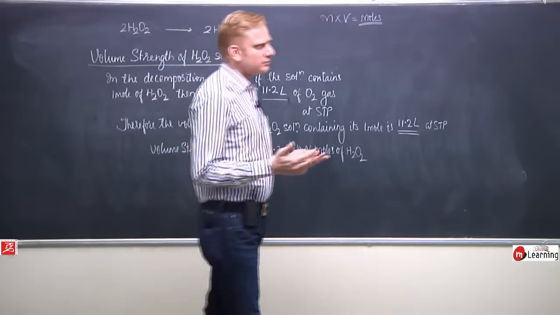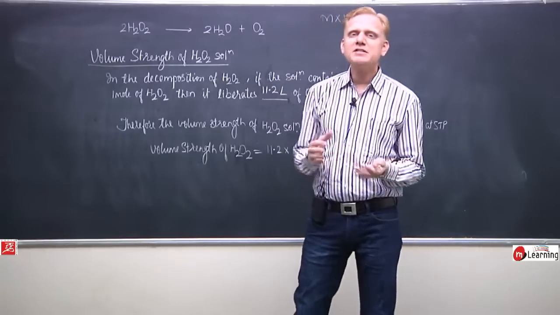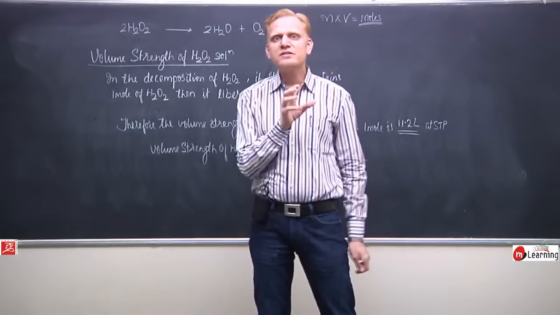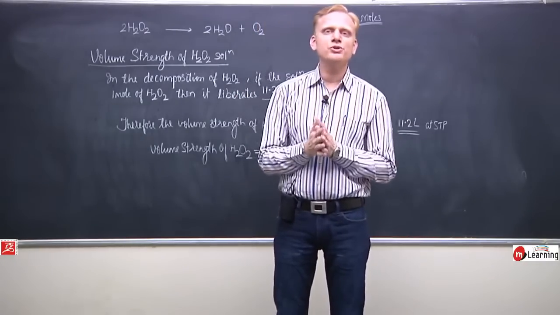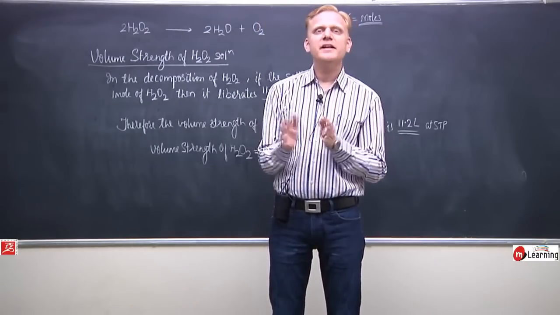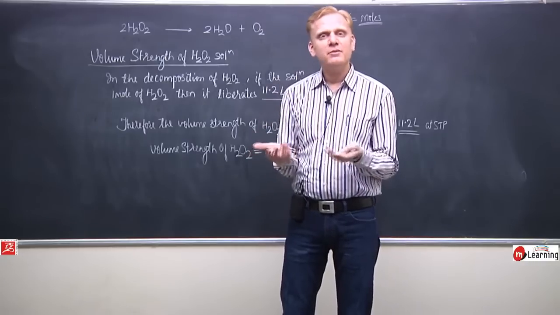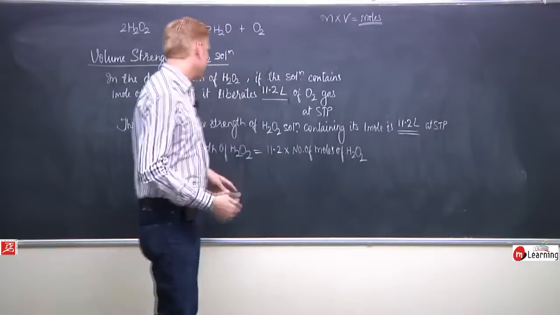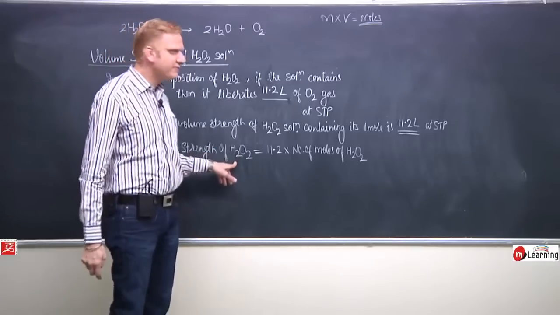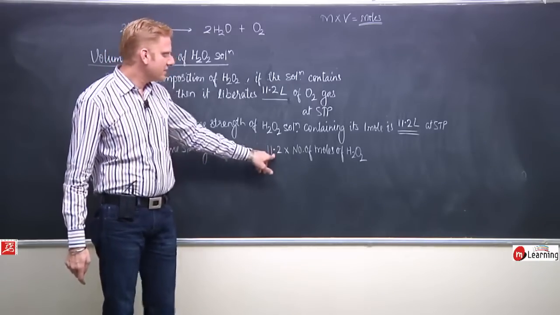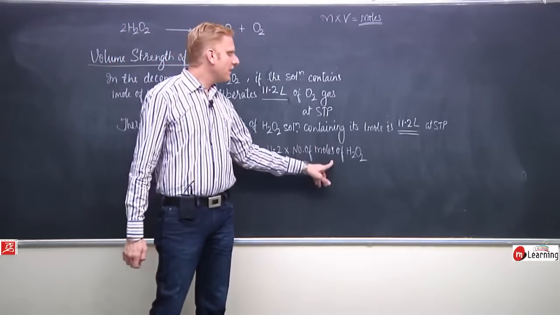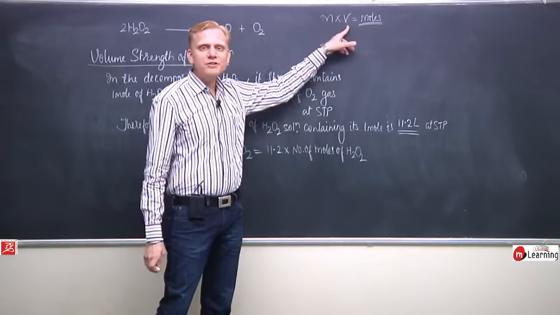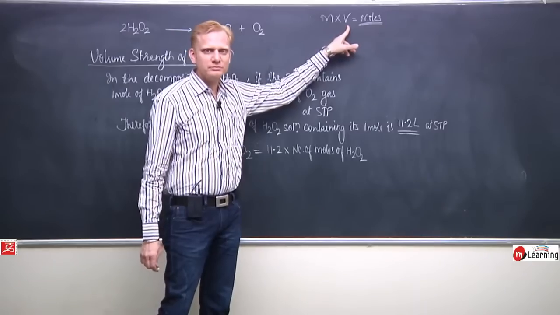Now, questions can be asked in vice versa manner also. The volume strength of a particular H2O2 solution will be given. Its volume can be given. Molarity is to be determined. That can be a question. So volume strength, if this is given, this is a constant value. Number of moles of H2O2 can be written as molarity of H2O2 solution into its volume.